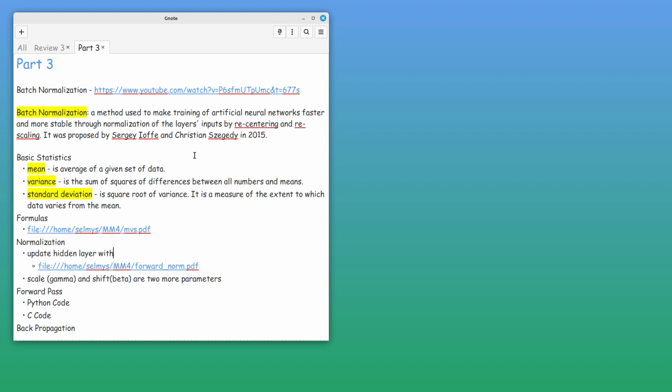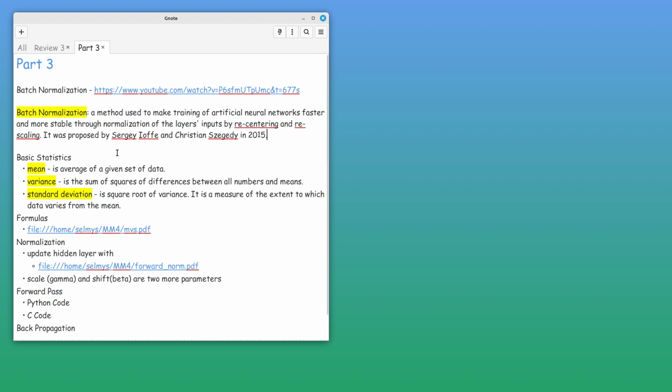So that's really the purpose of normalization: to make the training faster and more stable, so you get better results. This was all proposed by these two researchers back in 2015.